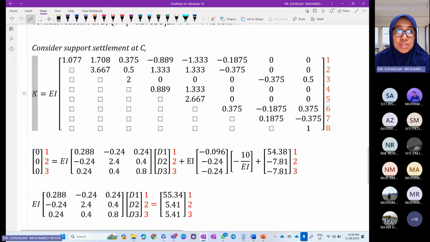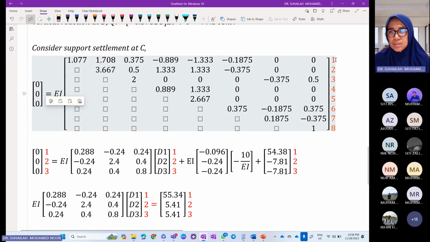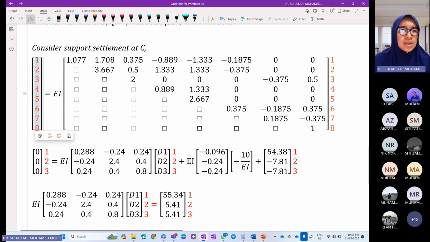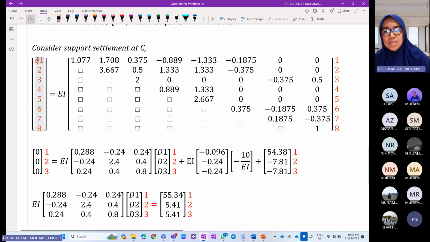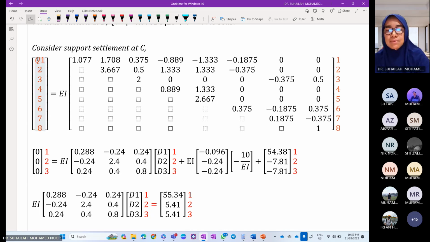Okay. Dia kan Q is equal to KD. So sini Q. So it is 8. Okay. Kan dia Q. Sini Q kan. So yang ni yang full lah.